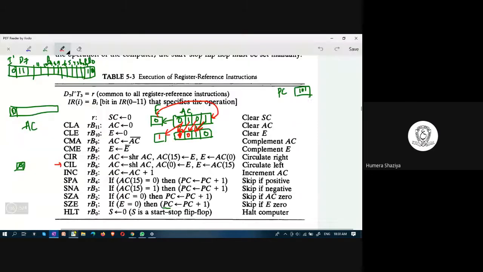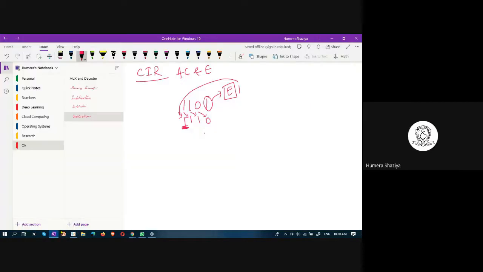And E would get AC of 0. Why? This rightmost bit would enter into E, and that bit again enters into AC as the leftmost bit. Understand, students?